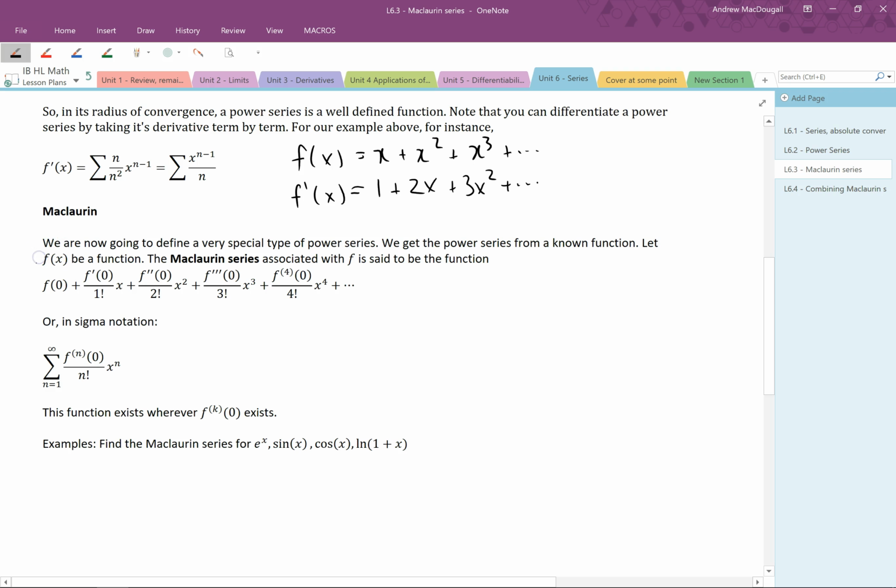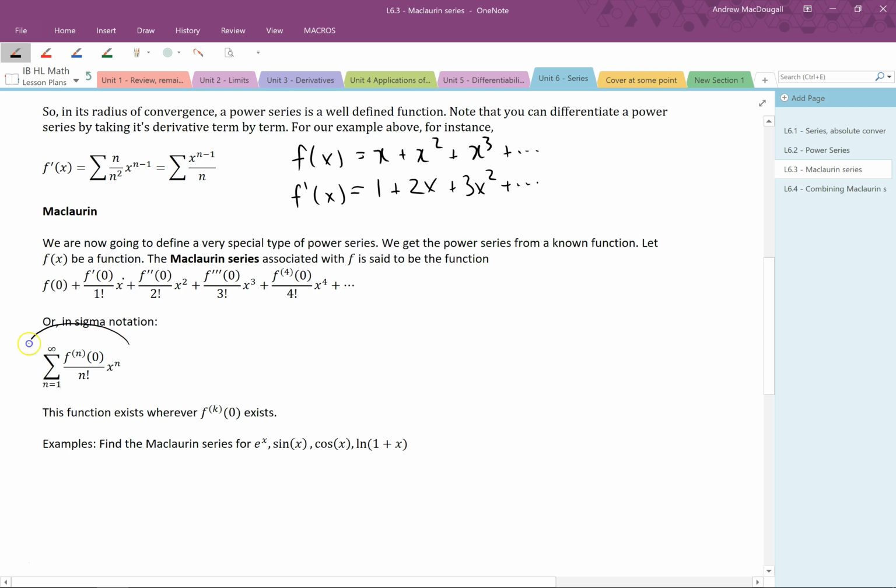What do we do? Well, the first term we call f of 0. The second term is f prime of 0 divided by 1 factorial times x to the power 1. And then the next term is f double prime at 0 divided by 2 factorial times x squared. See, this is a power series. We have powers of x, and the coefficients in front of each power of x we get from our original function.